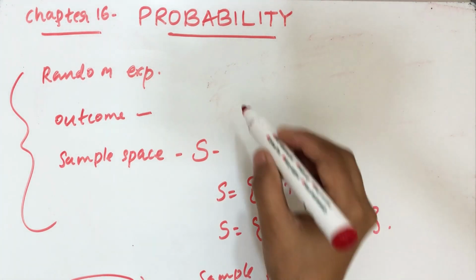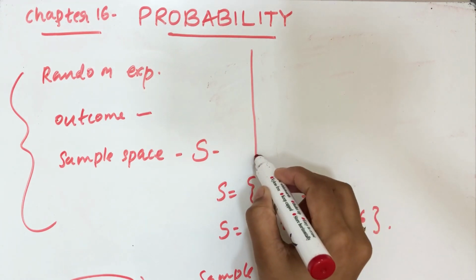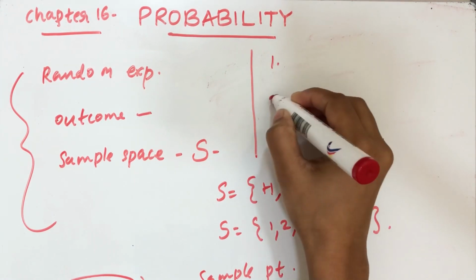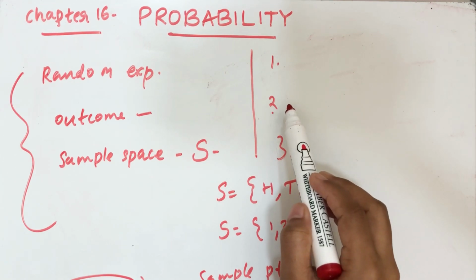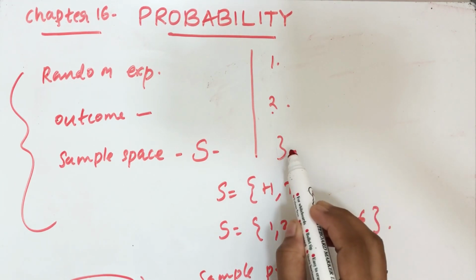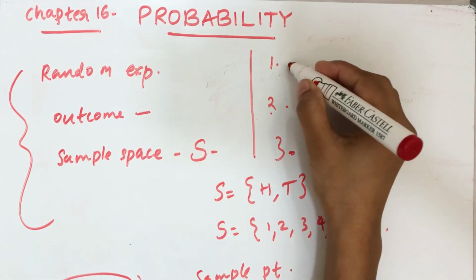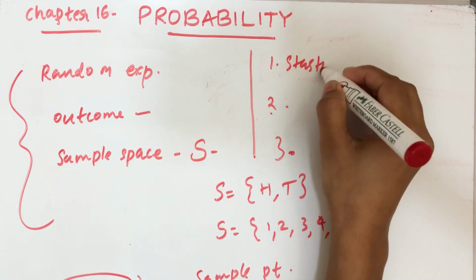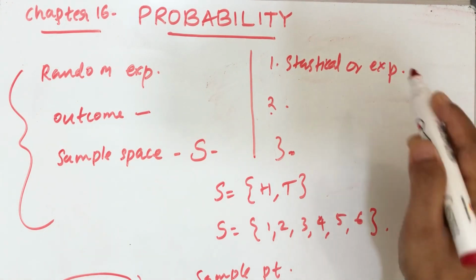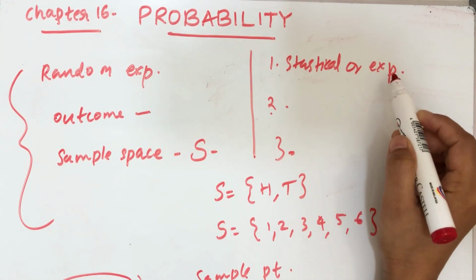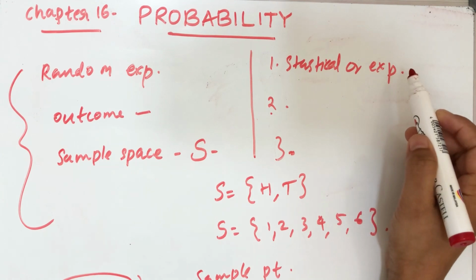Before going to the examples, we can see the three important types of probability. The first and second types you have already studied in your lower classes, and the third type you are going to study here. The first one is statistical probability, or experimental probability. It is based on the number of trials in an experiment.